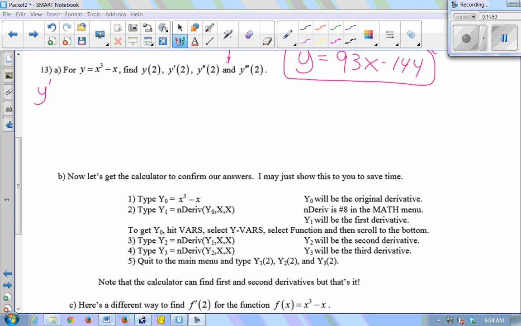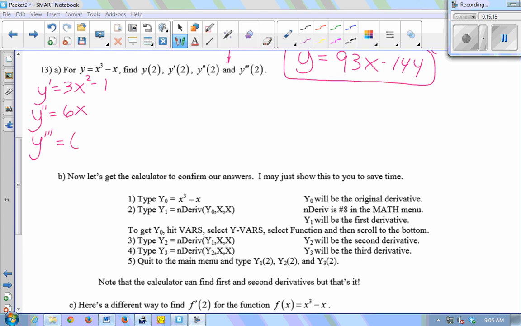So I'll do those first. y prime will be 3x squared minus 1. Just use the power rule on each term separately. And then y double prime, that would be 6x, and then the derivative of the minus 1 is 0. And then y triple prime is what?